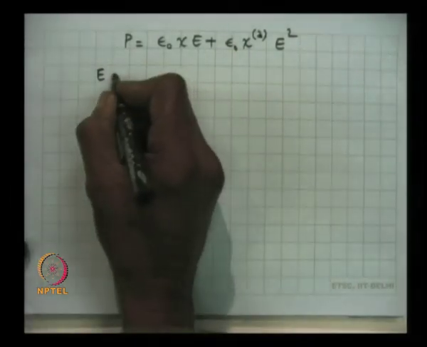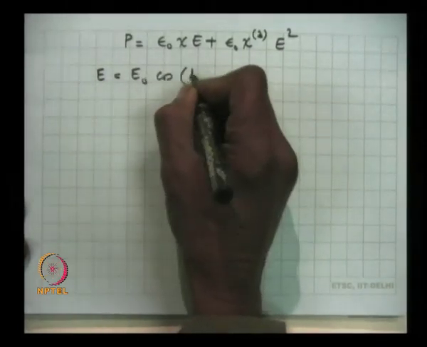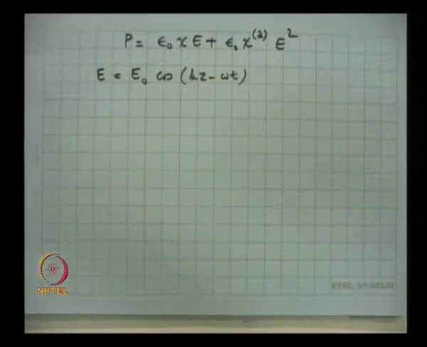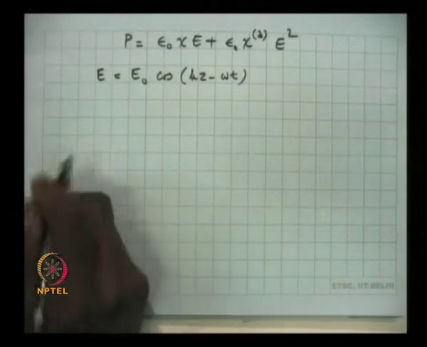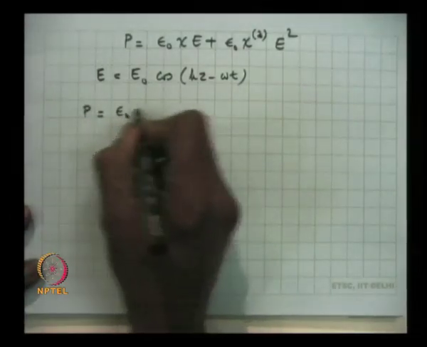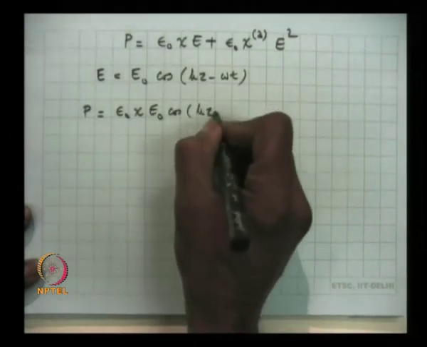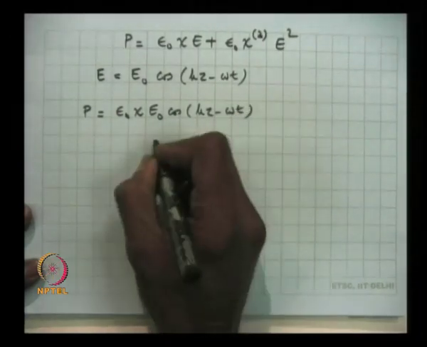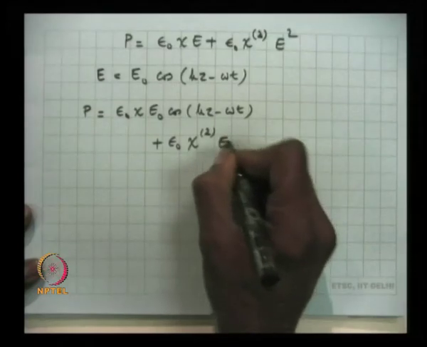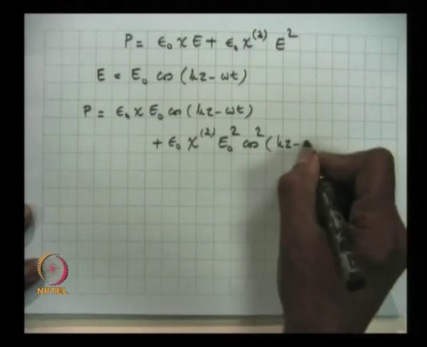So, let me assume I have an electric field of the type E is equal to E0 cos(kz minus omega t). It is a wave going in the z direction in the medium. So, what is the polarization that I will generate? Epsilon 0 chi E0 cos(kz minus omega t) plus epsilon 0 chi 2 E0 square cos square(kz minus omega t).